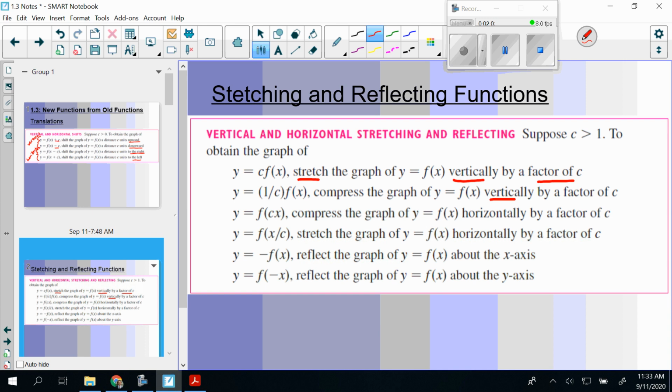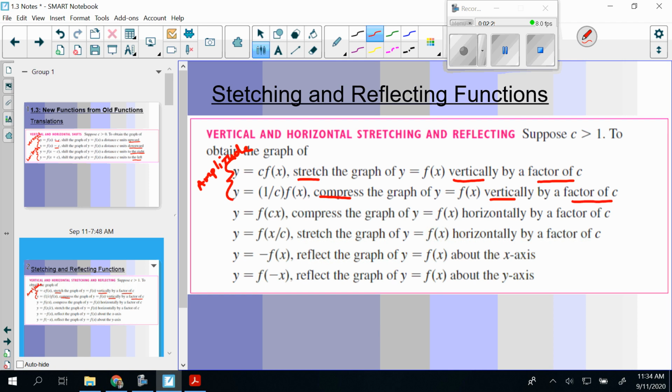If it's being divided or it's a fraction where it's 1 over the number, that's going to compress by a factor of whatever that c number is. If you go on and work in engineering and stuff with waves, this is often referred to as an amplitude. That's not a word you have to memorize, but if you hear amplitude, that's what compressing or stretching it vertically talks about.